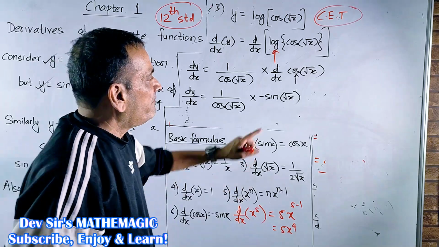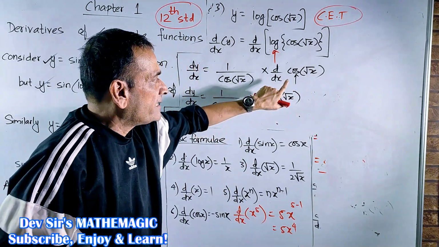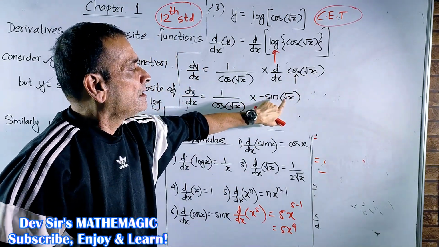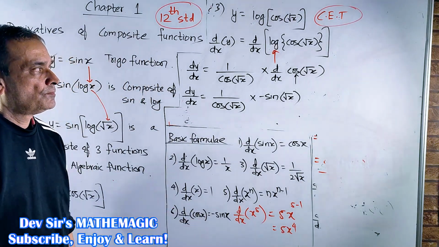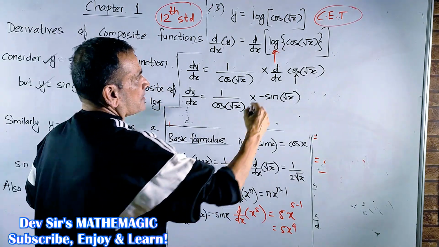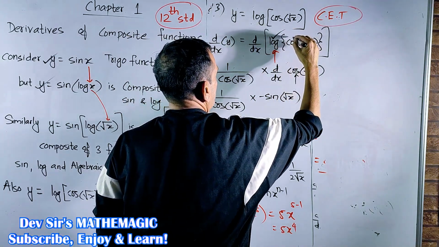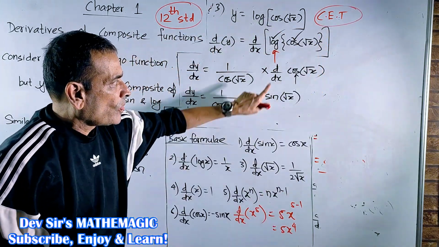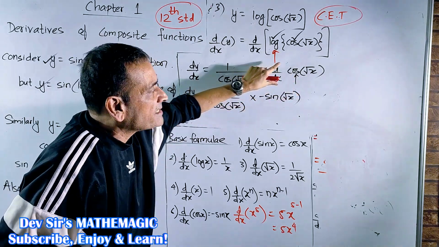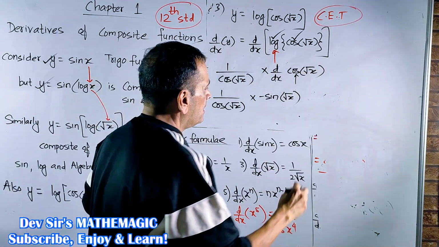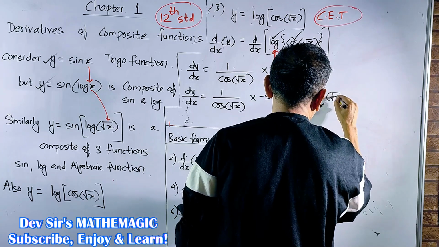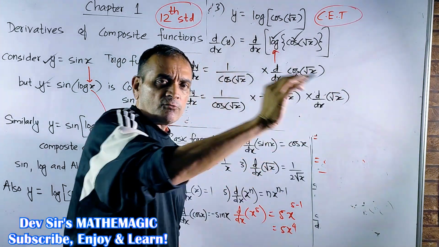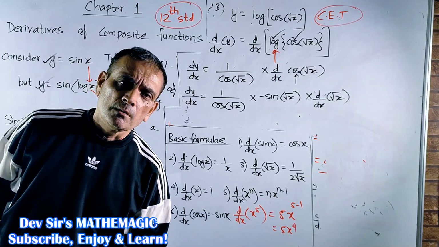So when finding the derivative of cos of root x, just take the derivative of cos as minus sin and you have to write root x according to this formula. So derivative of log is over, derivative of cos is over, d by dx of cos हो गया, अभी d by dx अंदर ले लो, innermost function, d by dx of root x. फिर d by dx शिफ्ट हो जाएगा अंदर तक, चेन रूल.